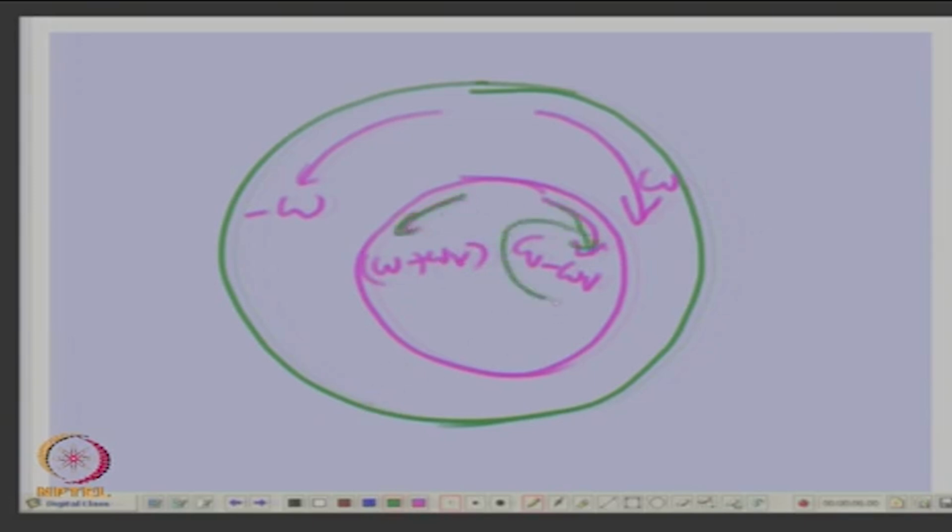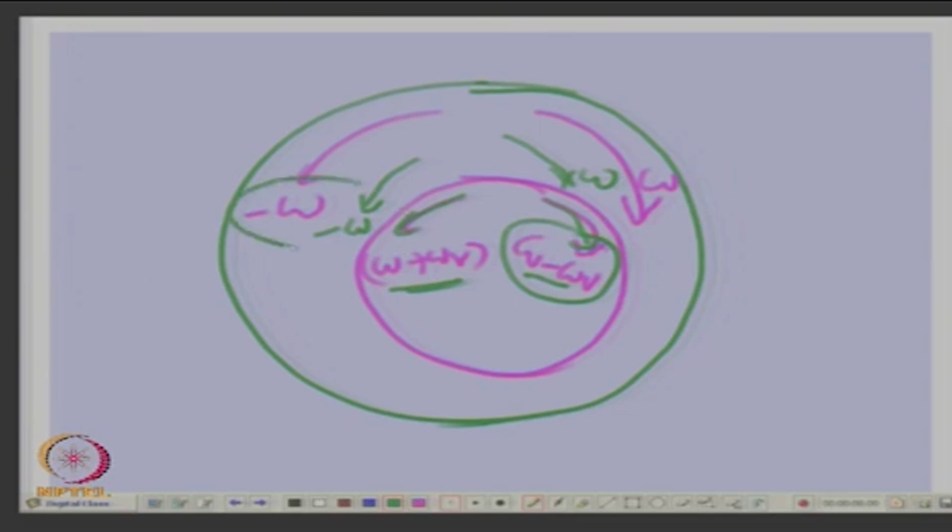Now, this rotor frequency of omega minus omega r, f minus fr, will give rise to another field which will be at omega with reference to the air gap, because it is positive sequence, and another will be only at minus omega, because this is due to the negative sequence in the rotor bars, and this is due to the positive sequence in the rotor bars, and that will give rise to one field which is forward rotating, another which is backward.